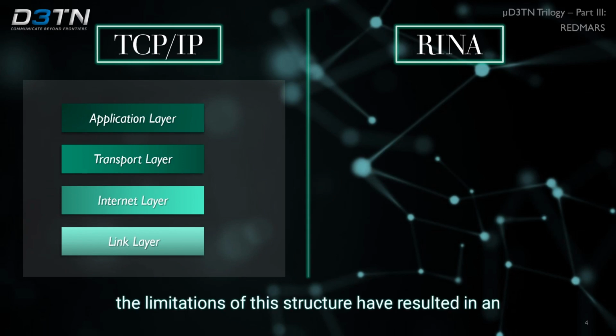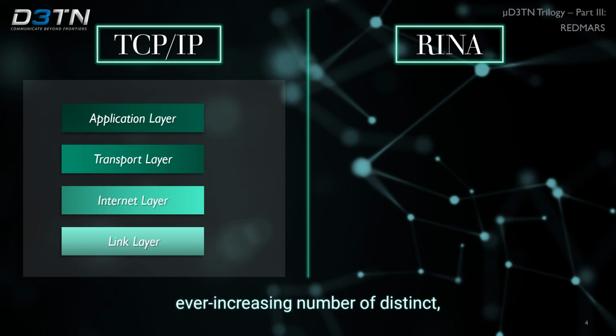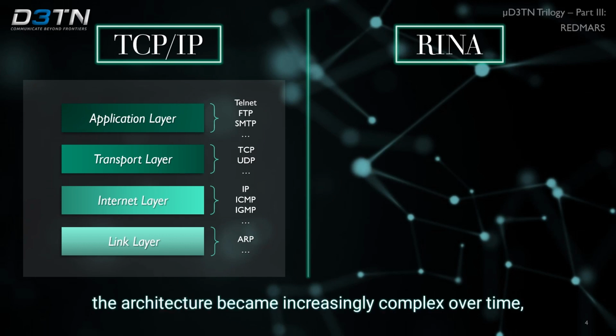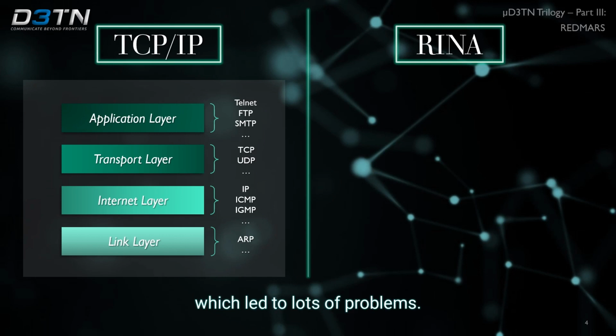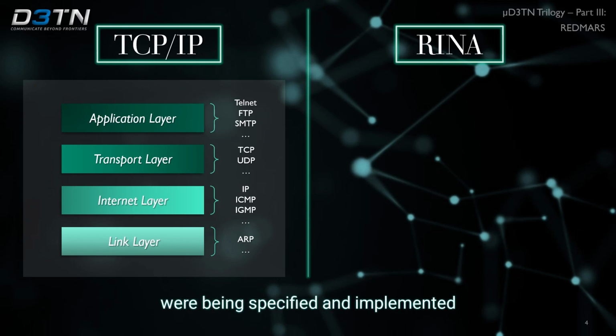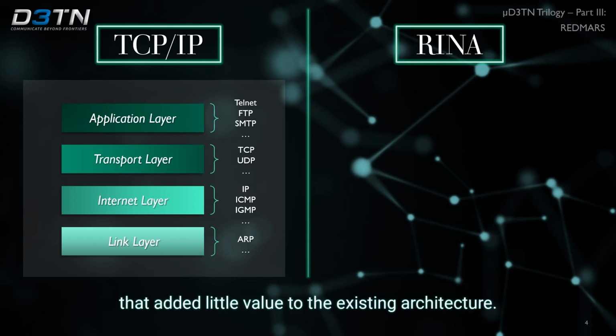However, the limitations of this structure have resulted in an ever-increasing number of distinct independent protocols in each layer with little to no commonality. Thus, the architecture became increasingly complex over time, which led to lots of problems. The networks became very difficult to operate and troubleshoot, and more new protocols were being specified and implemented that added little value to the existing architecture.